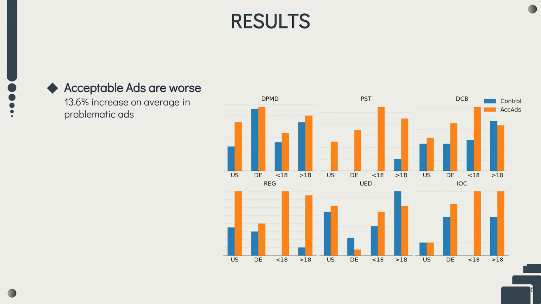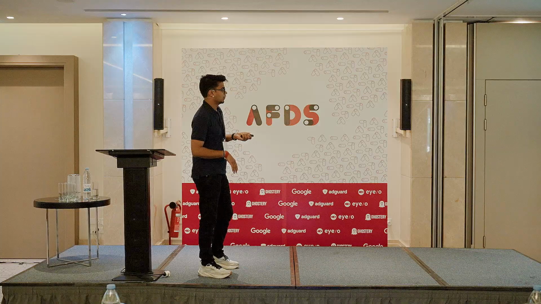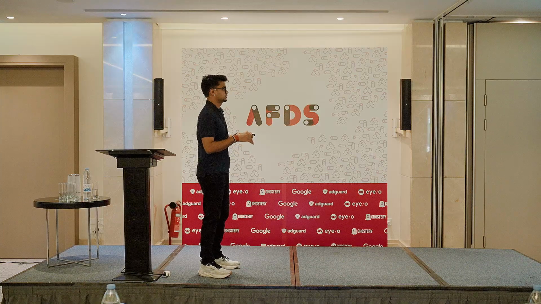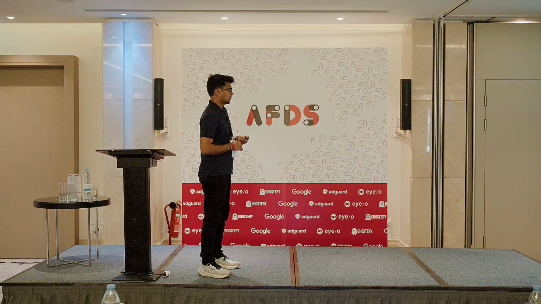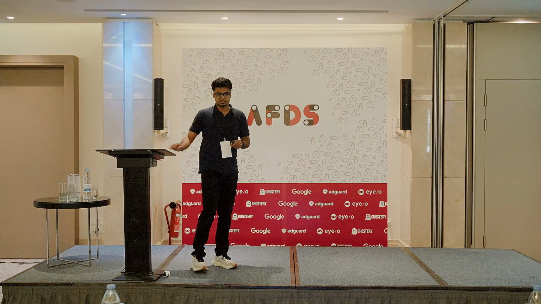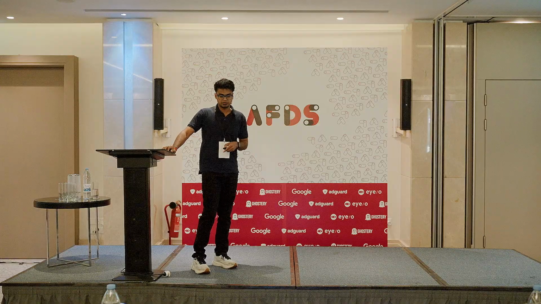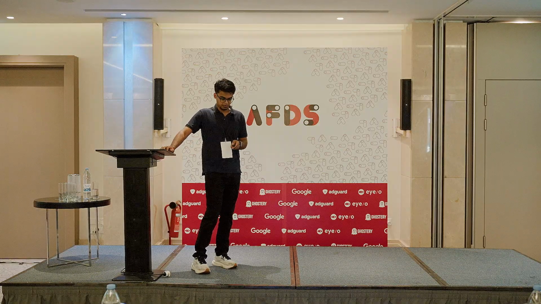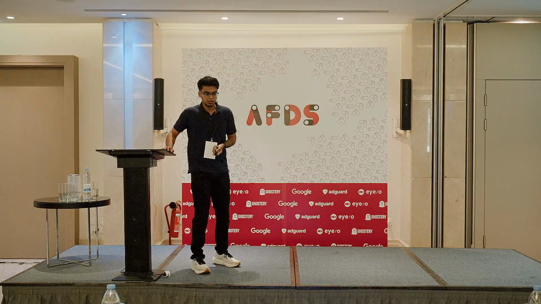But for example, for the political ads, we see a huge increase for the acceptable ads case. And also for the inappropriate content for underage populations, we again see a steep rise for the acceptable ad scenario. So across different categories and across different geographies and age groups, we find a consistent pattern where the ads within the acceptable ads realm are problematic.